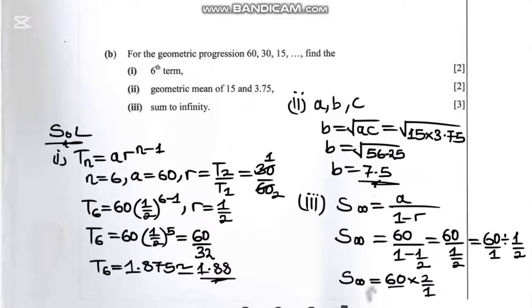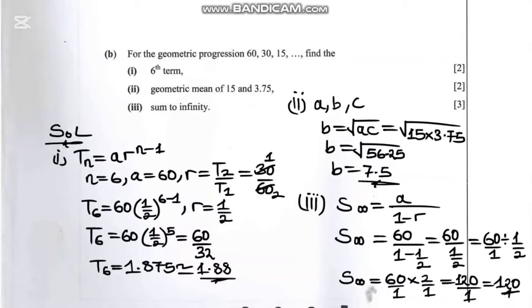For 60 here we can also write over 1. Now 60 times 2 gives 120. Then 1 times 1 gives 1. And if you divide 1 into 120, that gives 120. So the sum to infinity is just equal to 120.